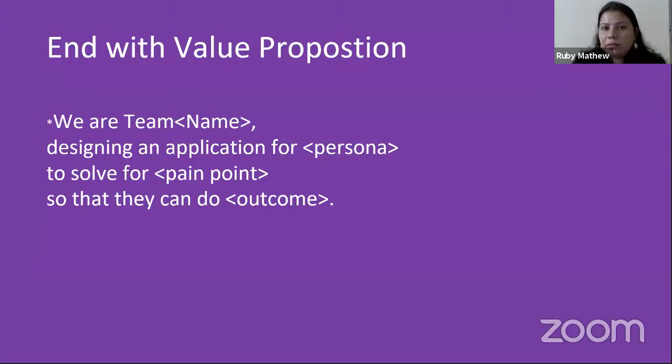I've just given a basic format. If you've made a team, you can say we are team, maybe Marvel, maybe Wonder Woman, however you like it, and designing an application for probably girls between 18 and 20 looking for mentorship in data science. The more you narrow down your problem, the easier it is. Or else you can keep it broad, looking for mentoring for career related or tech related roles or STEM related roles.